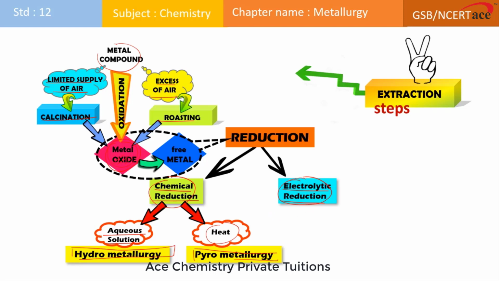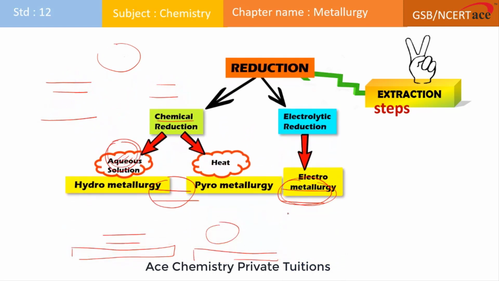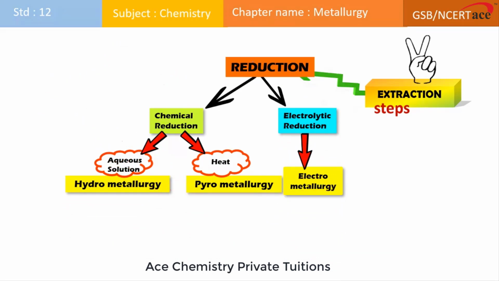For very highly reactive metals, we use the principle of electrolysis, and this method is referred to as what? Electrolytic reduction. So one by one we will study all types of reductions. The reduction method is basically used to extract pure metal from its metal oxide, which is obtained by calcination and roasting.